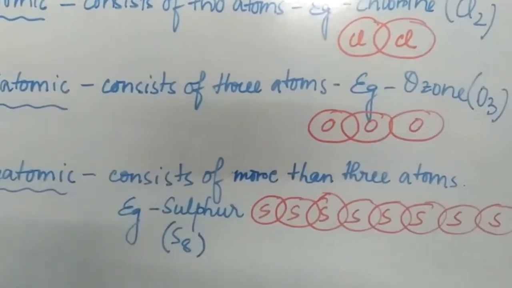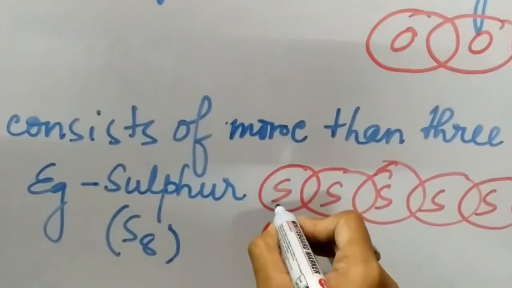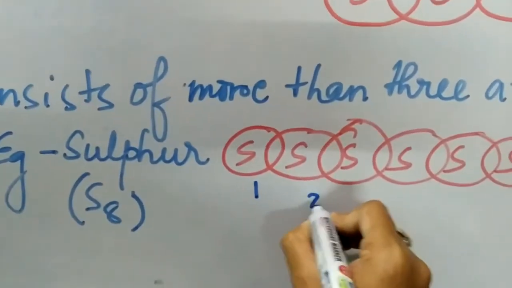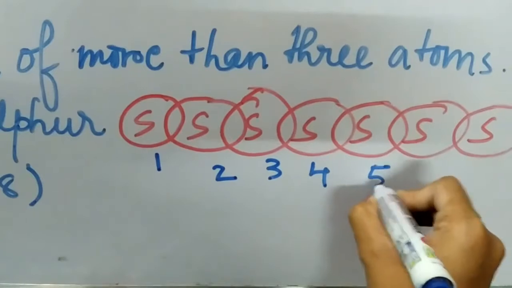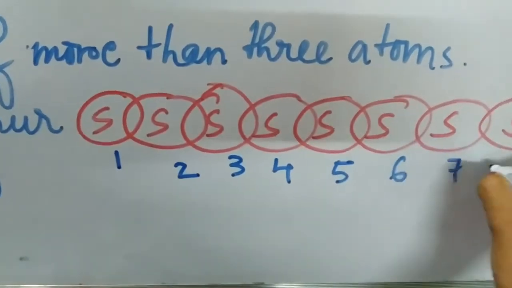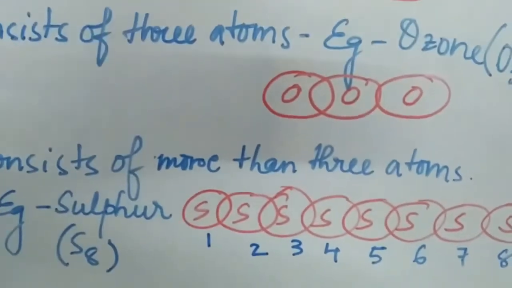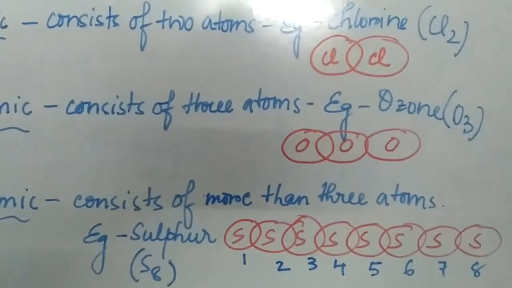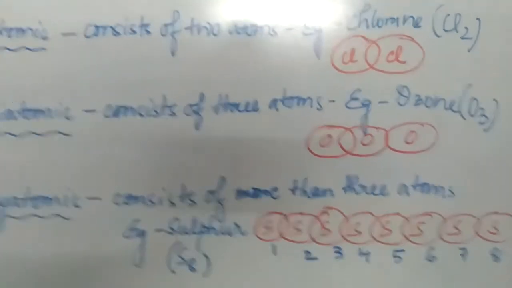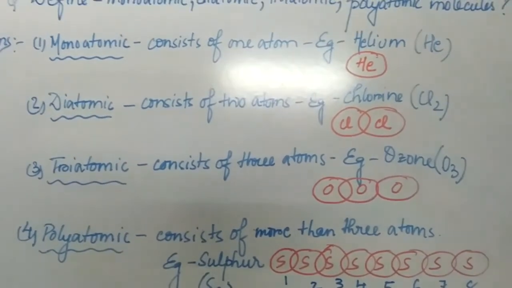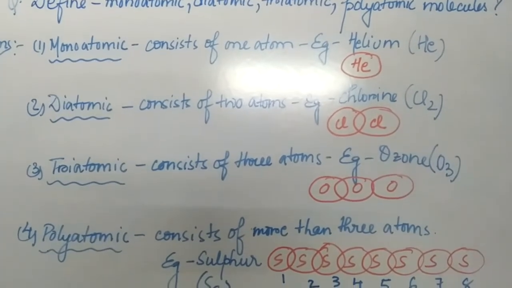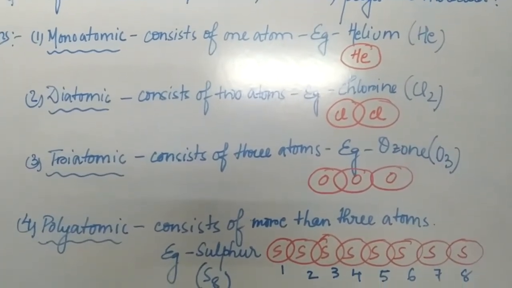Rather, I am marking it for you all. It is 1, 2, 3, 4, 5, 6, 7, 8. So here 8 atoms are present together. Thus, it's an example of polyatomic molecule.